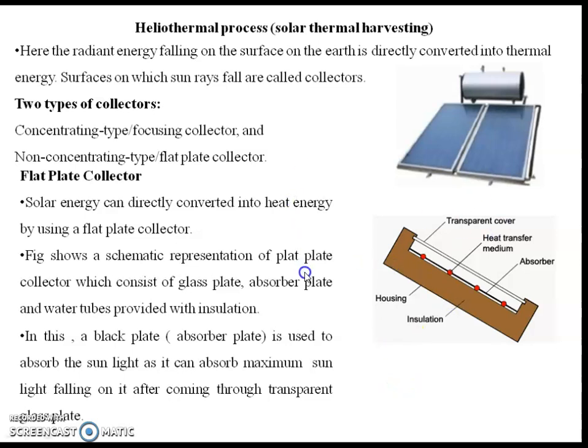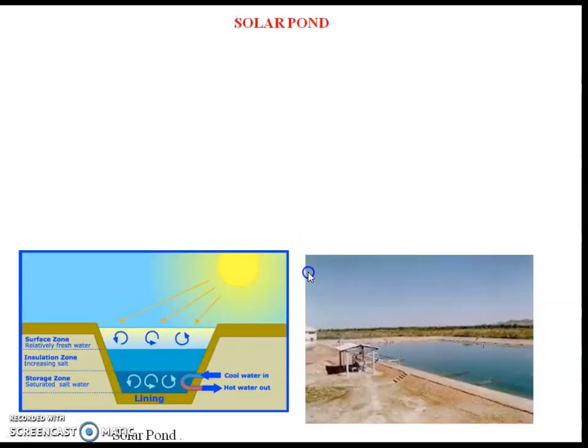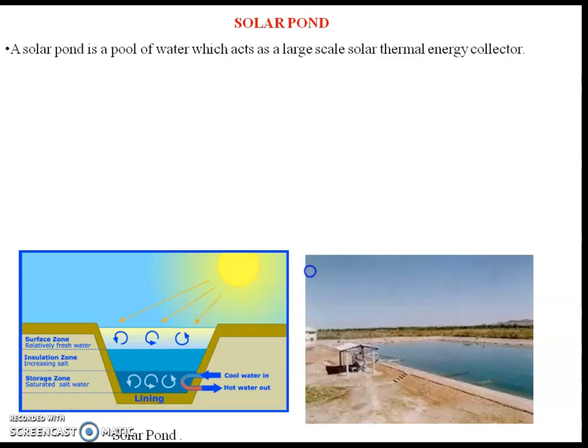It is used in the heliothermal process. Apart from that, we have one more very important topic with respect to solar energy conversion. It is nothing but a solar pond. It is also one of the heliothermal processes. Here the direct solar energy is converted into thermal energy. A solar pond is a pool of water which acts as a large scale solar thermal energy collector.